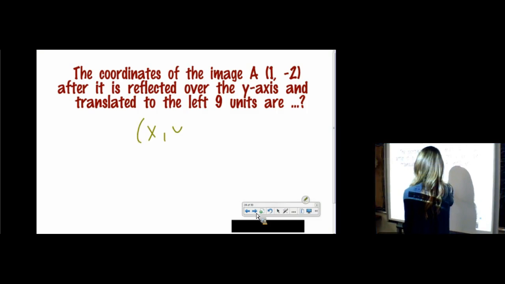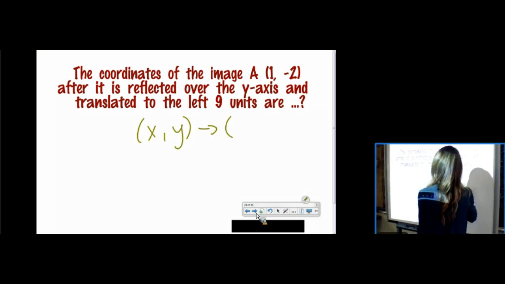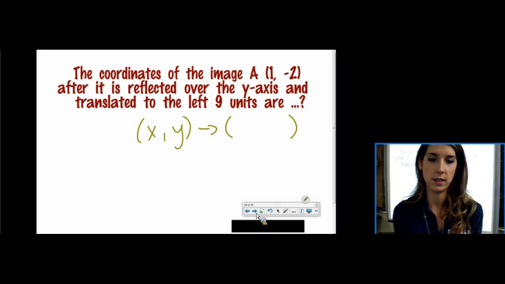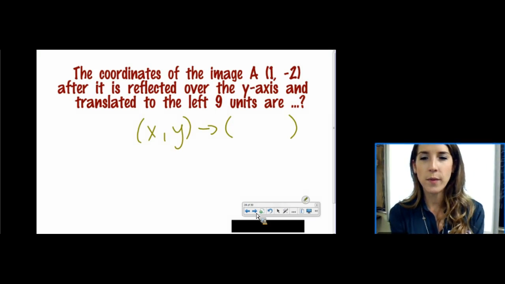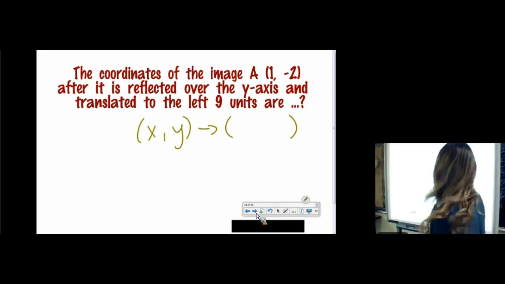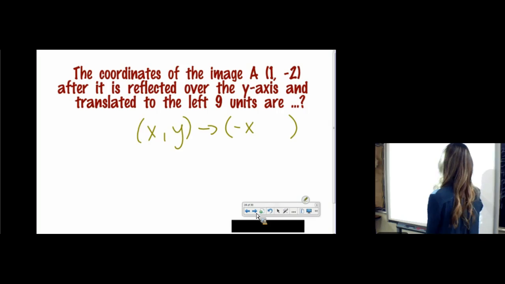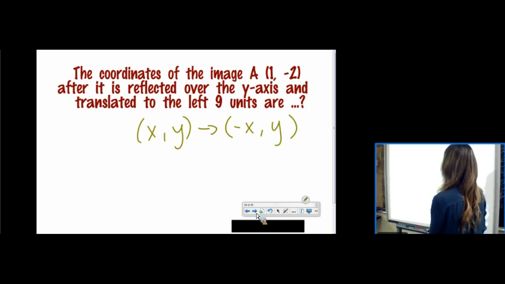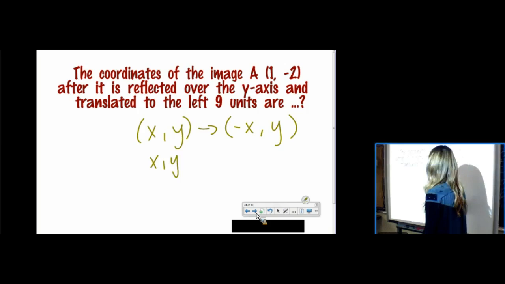Remember, that's our whole goal today, to be able to walk out of here writing the rules. So if it's reflected over the y-axis, that means change the x, right? That's reflecting over the y-axis. And then, translating to the left 9, our rule.